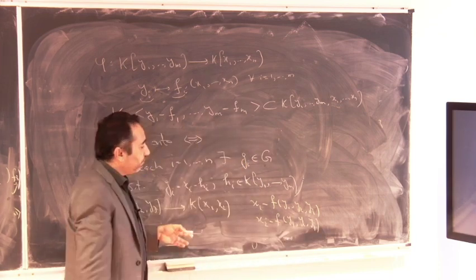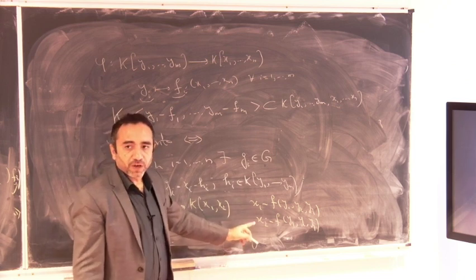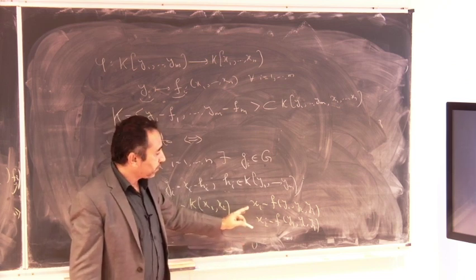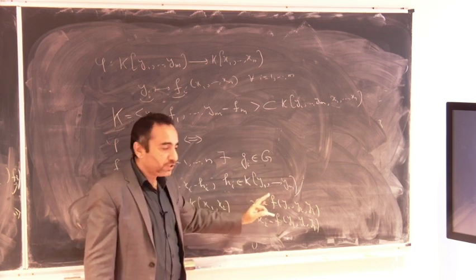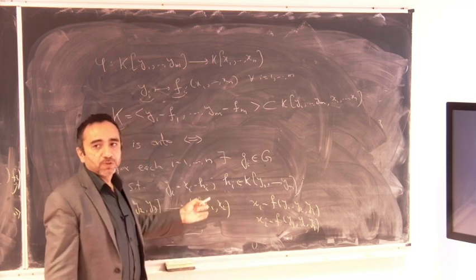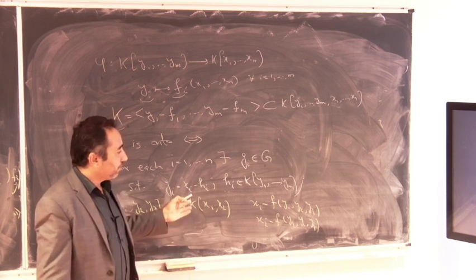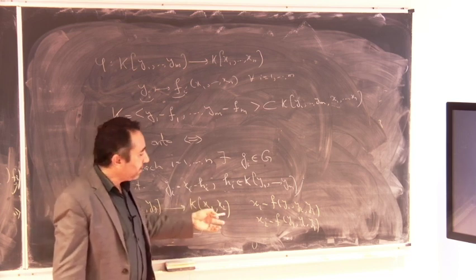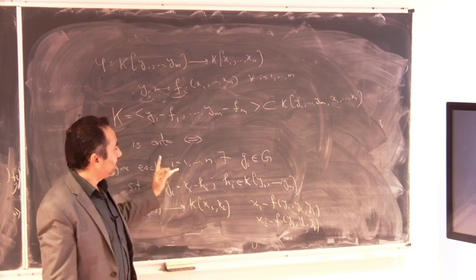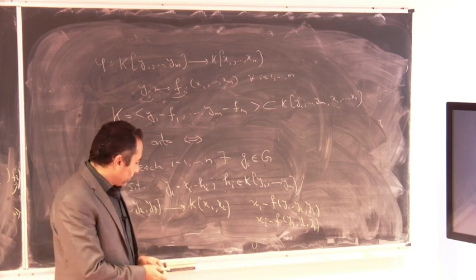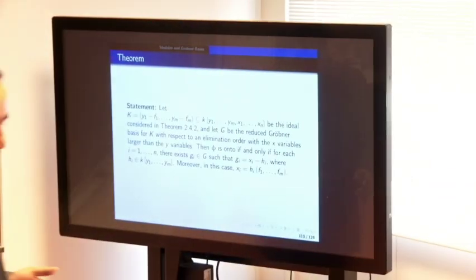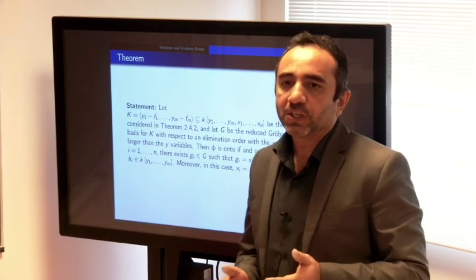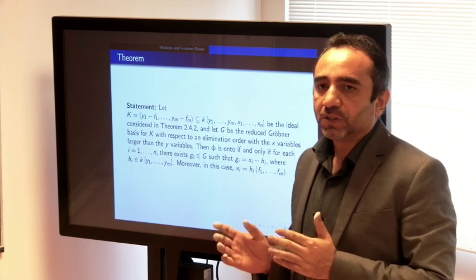So for each of these x variables, if we can find an element of the form that variable minus some function of y variables, then we say that the map is onto. But if, for a certain variable, any one of them is missing, then we say that the map is not onto.